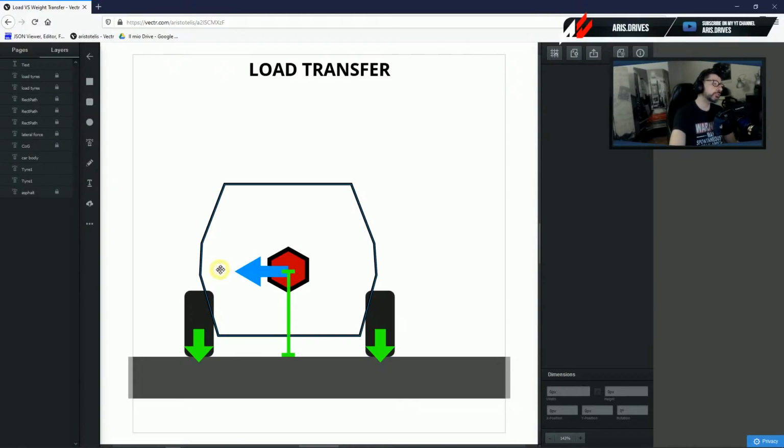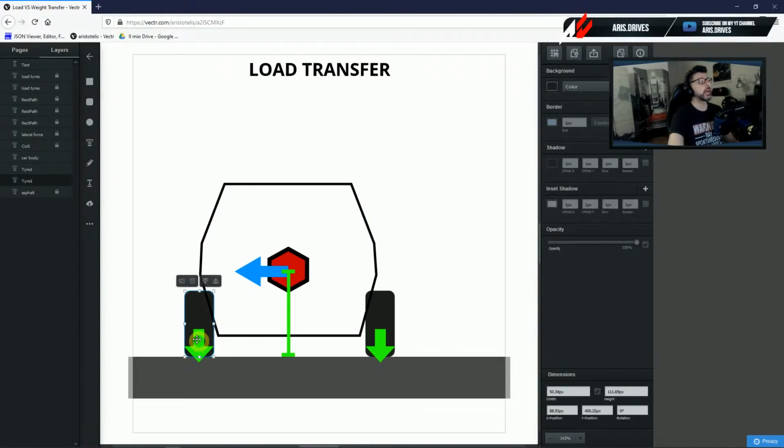Acting on the center of gravity, it means that the car is going to load the outside tires much more. So this one is going to get more load, while this one is going to get less load. Now why is that, and by how much?